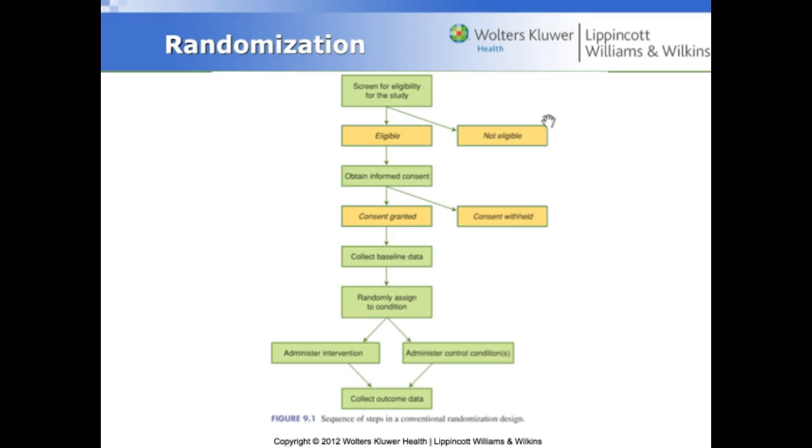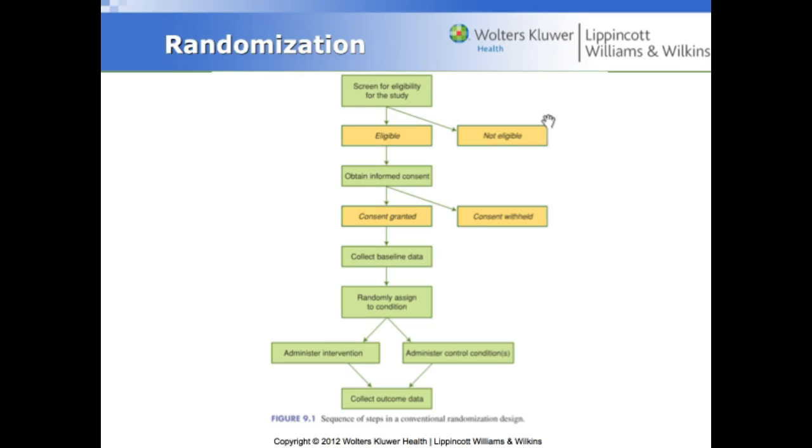And you get some baseline data, so you can find out some variables that may affect your study, like is it going to be a difference with ages or marital status or education or anything like that. And then from the baseline data, you have your group, and you're going to randomly assign them.